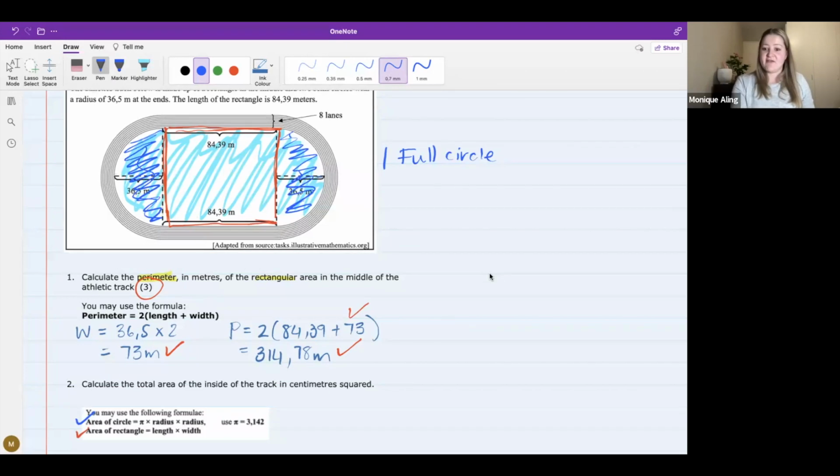Yep, that is the area. That is correct, but it asks for centimeters squared, so we have to do a conversion.